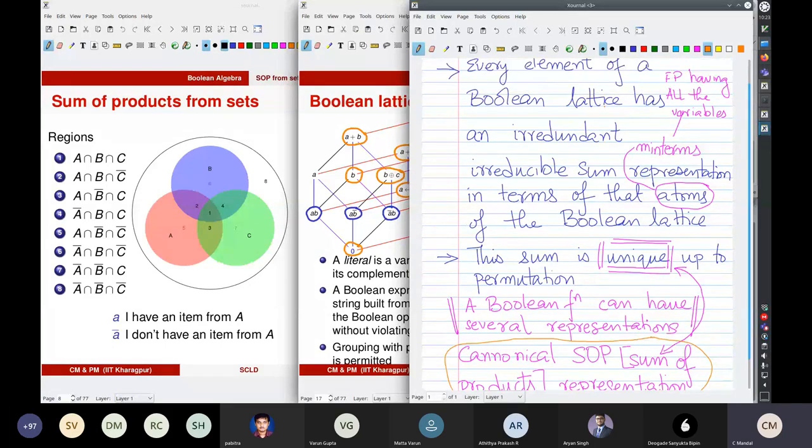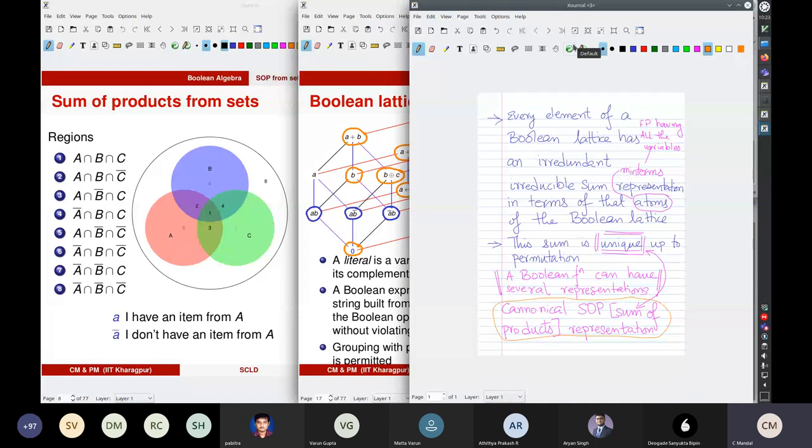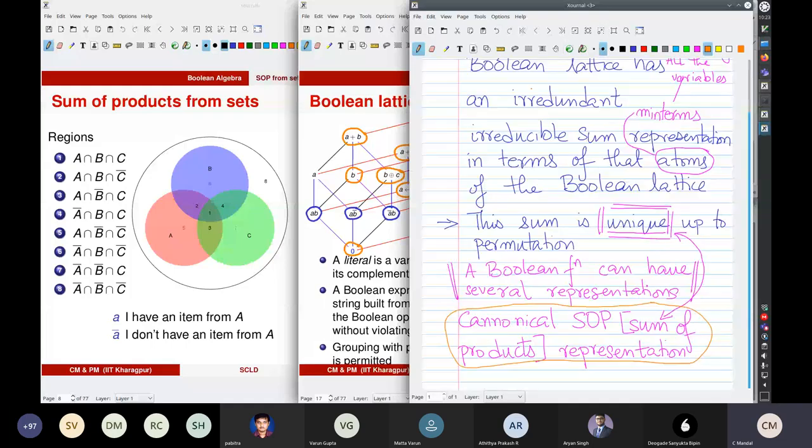Is it a good idea to represent a Boolean function as a canonical sum of products? What is your opinion? What do you think?